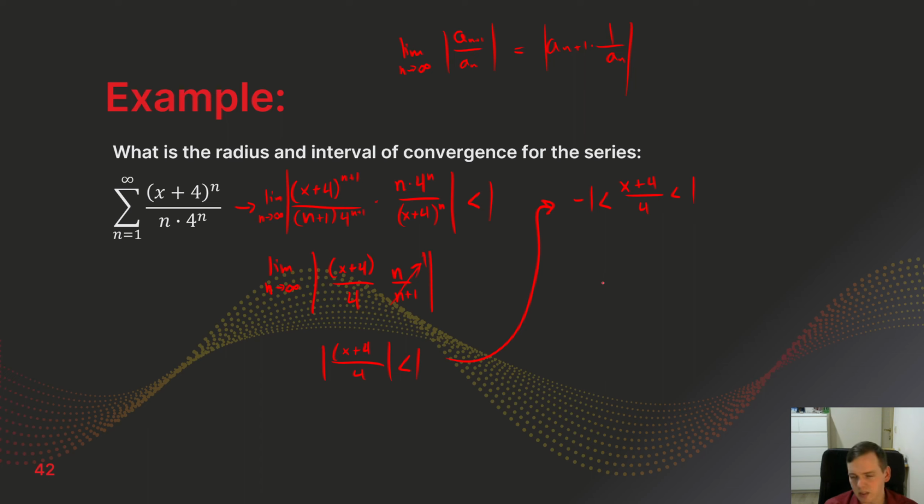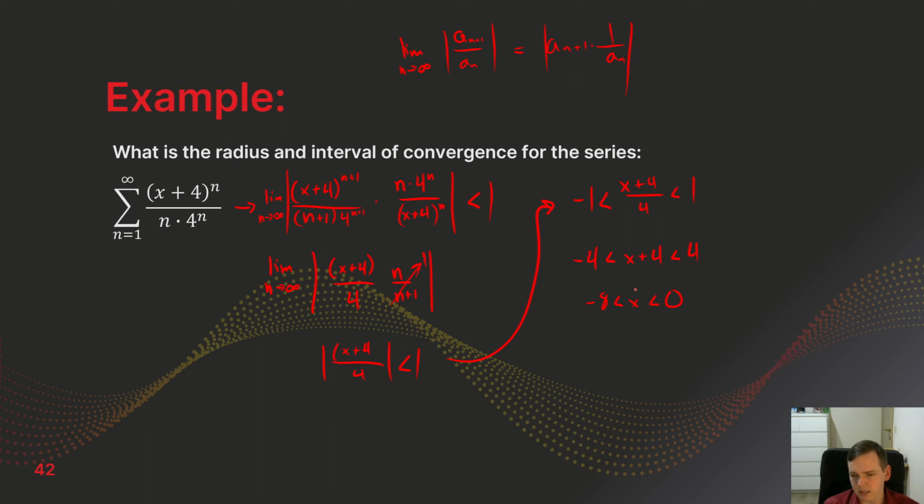Well, let's do this out a little more rigorously. We can multiply both sides by 4. And then I can subtract 4 from both sides. So negative 8 is less than x is less than 0. So if x is anywhere between negative 8 and 0, we know it has to converge. So what is our radius?